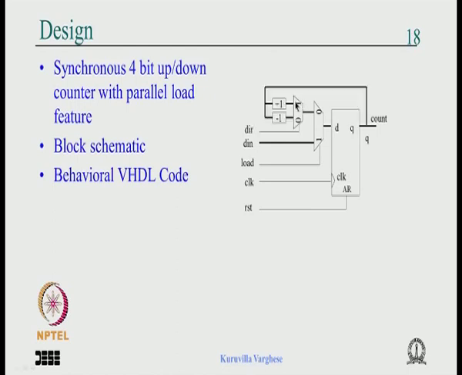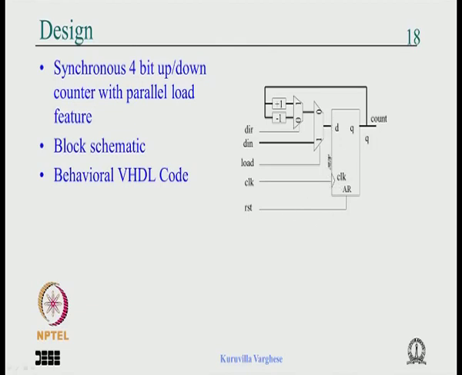So we have a 2 to 1 mux, there is a direction signal. If it is 1, Q is taken back as input, then we have a +1 which goes to the mux, and if it is 0, Q is going through a -1, it goes to the 0 input. So now that is simple.